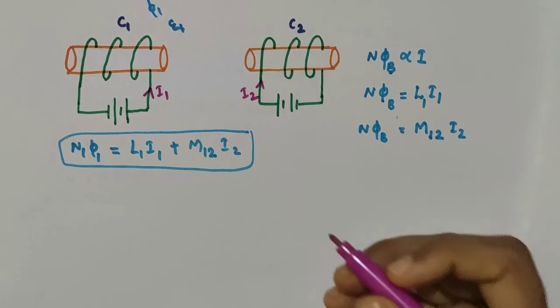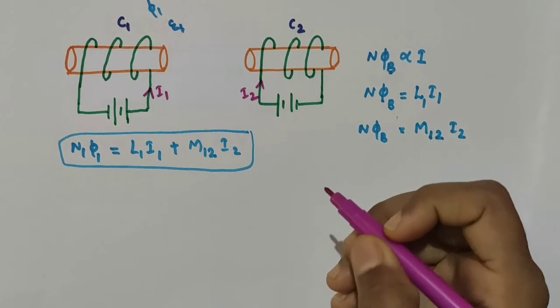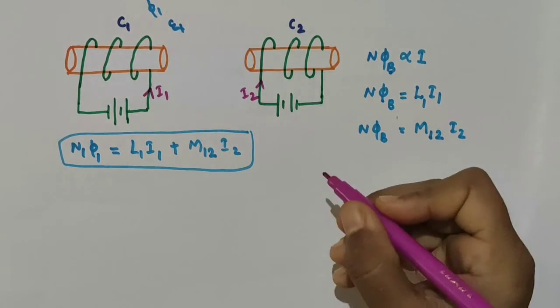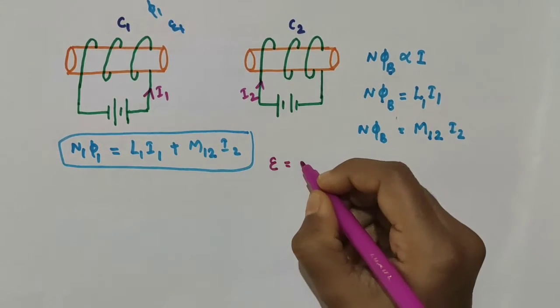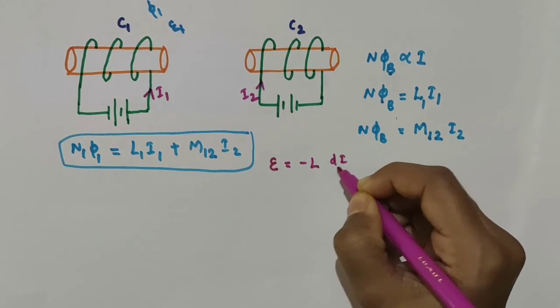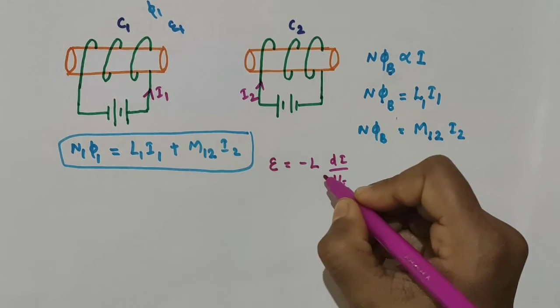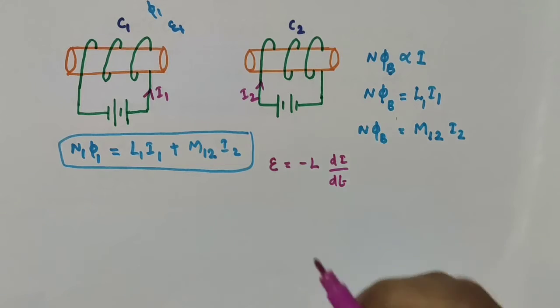And we have the expressions for the self-induced EMF and the EMF induced due to mutual induction. Self-induced EMF epsilon can be written as minus L into di divided by dt, where L is the coefficient of self-induction or self-inductance.